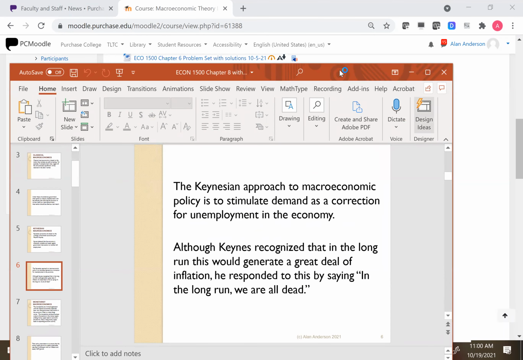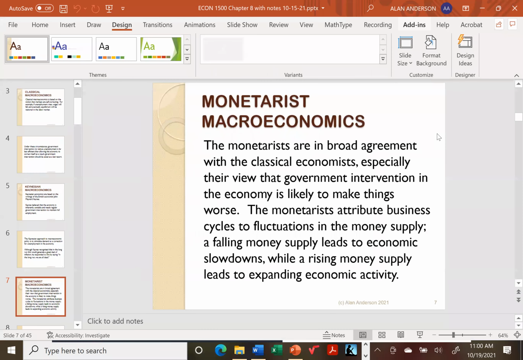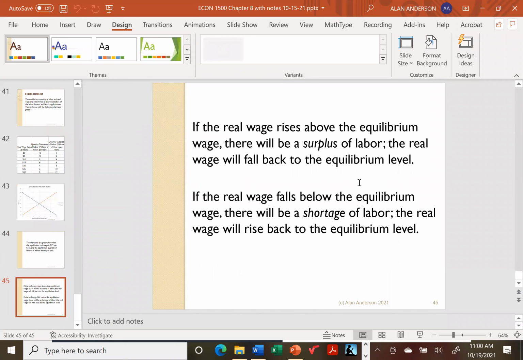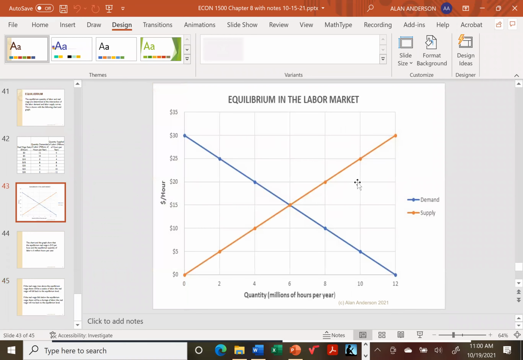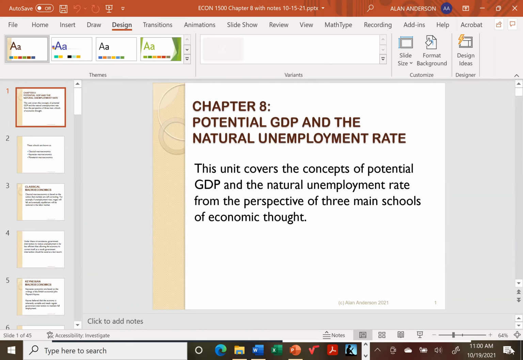So what we're going to do here is return to where we were. Now, remember what we were talking about here was potential GDP and the natural unemployment rate. But we're also looking at different schools of economic thought that try to explain how GDP is determined and how business cycles arise in the market.